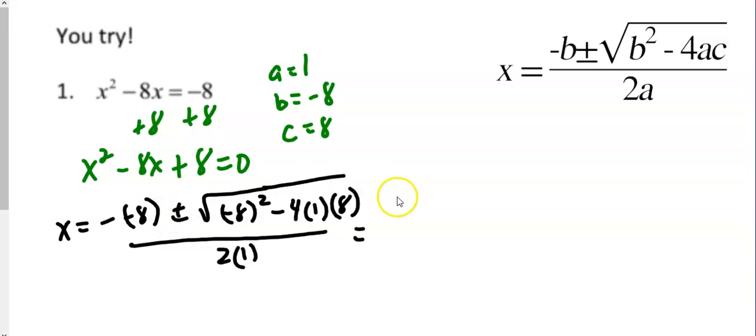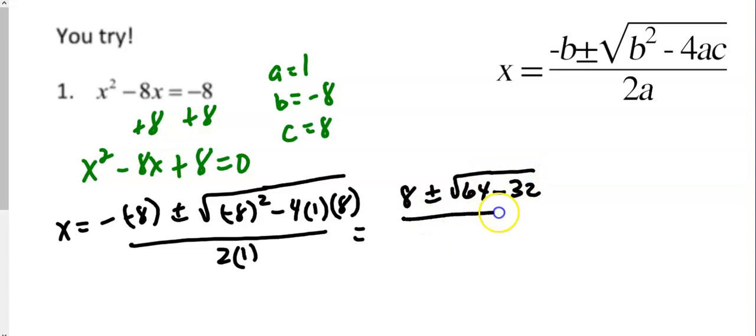So the opposite of -8 is going to be +8 plus or minus the square root of 64 minus 32 all over 2, which becomes 8 plus or minus the square root of 32 over 2.